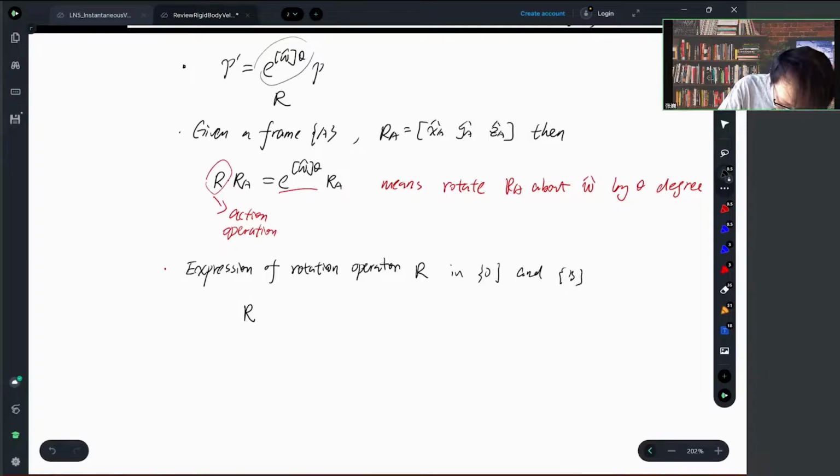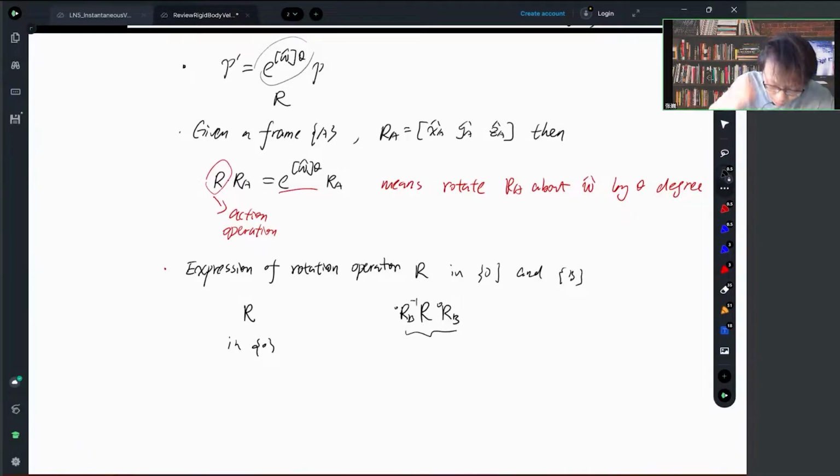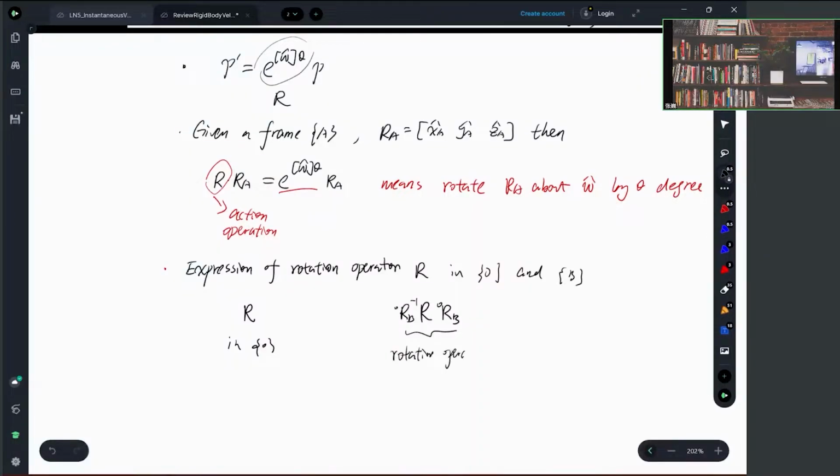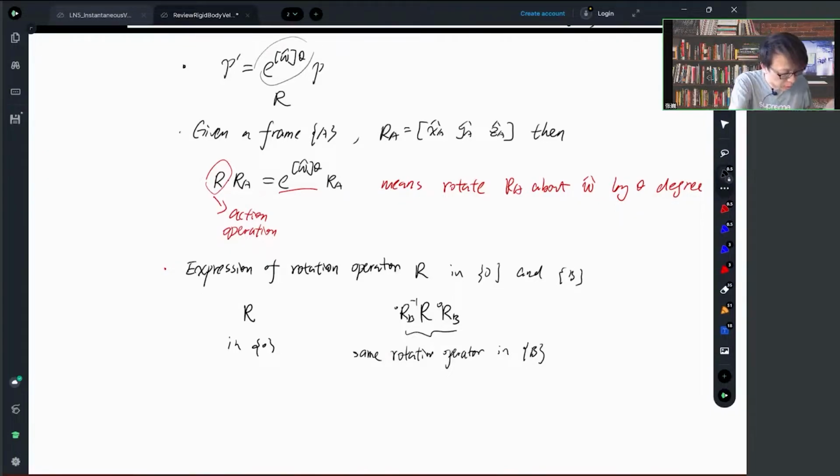Let's say in frame O it's R, then in B it will be R_BO times R times R_OB, or R_BO inverse. This is the same operator, the same physical operation. This is the rotation operator, the same rotation operator in B. Okay, that's what you need to know.